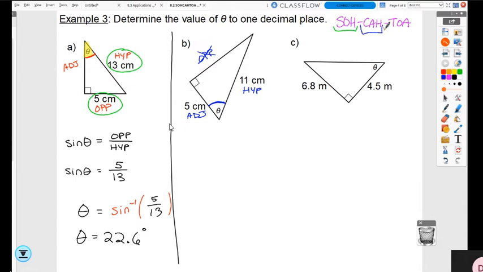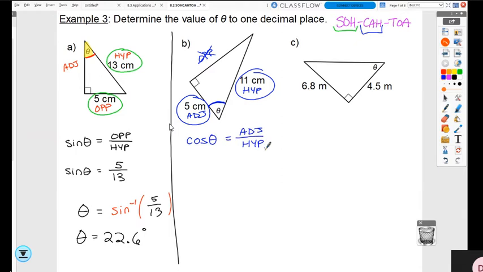CAH. That one does not have an opposite. Or you can look at it and say, okay, which one has hypotenuse and adjacent? That's the way I like it. I'm like, oh yeah, which one is A and H? And it's cos. So we're going to use the cos ratio here. That's how we know to use the cos ratio. Cos equals adjacent over hypotenuse.